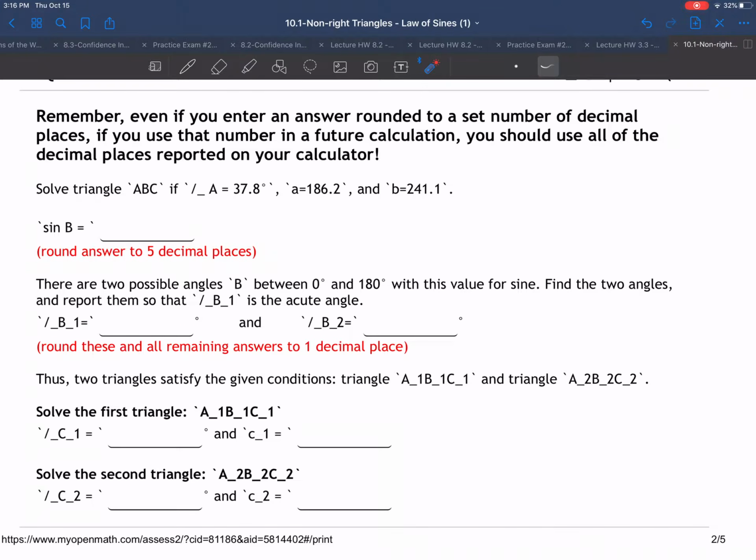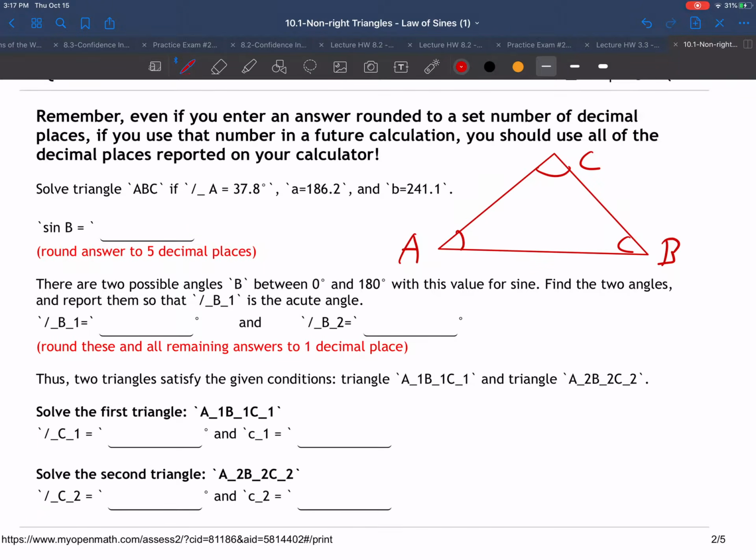The first thing we want to do is draw the triangle we're talking about. So let's draw this triangle. I'm just going to draw any old triangle, and this will be angle A, put B over here, put C up there.